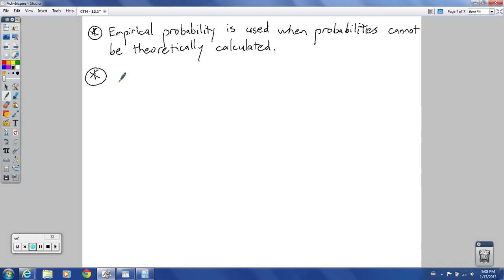But there's a lot of things like rolling dice, flipping coins, a lot of other things where you can theoretically calculate these things. And then one final note here, the law of large numbers is something that your book talks about, and I think it's important to bring it up here to finish up the notes.